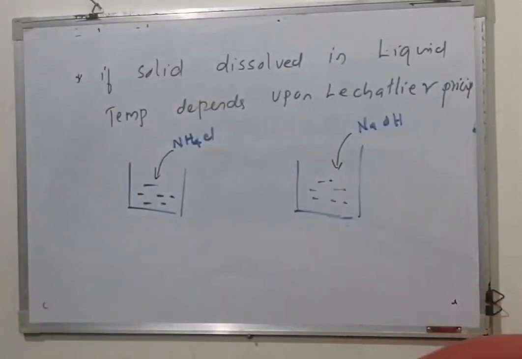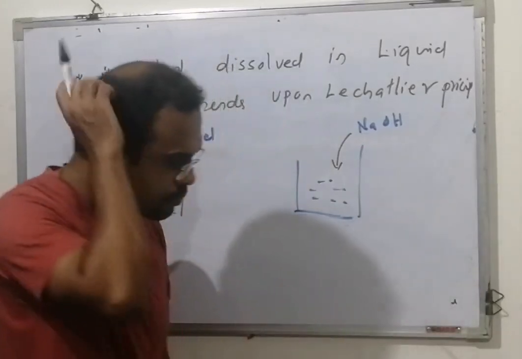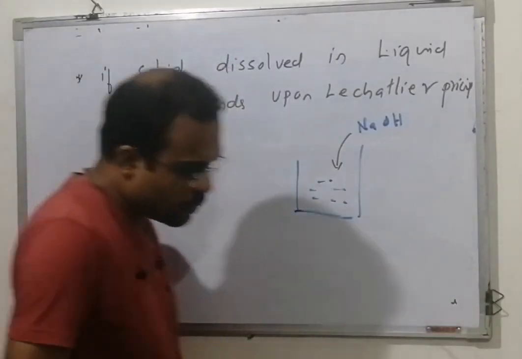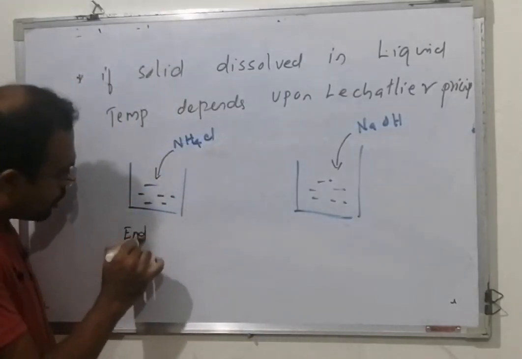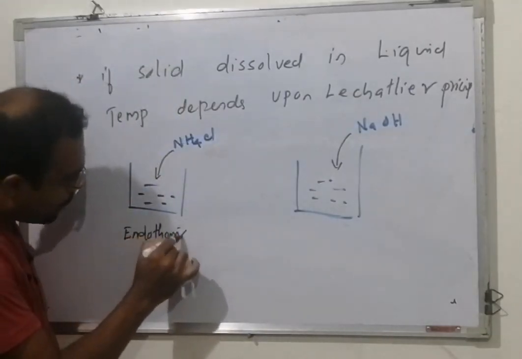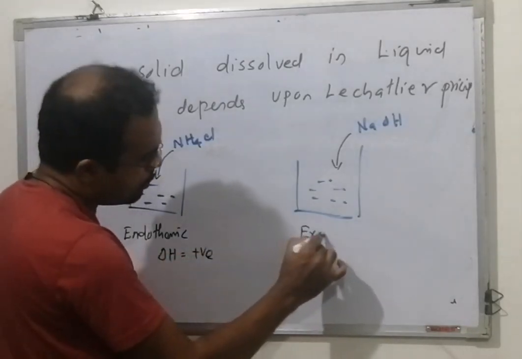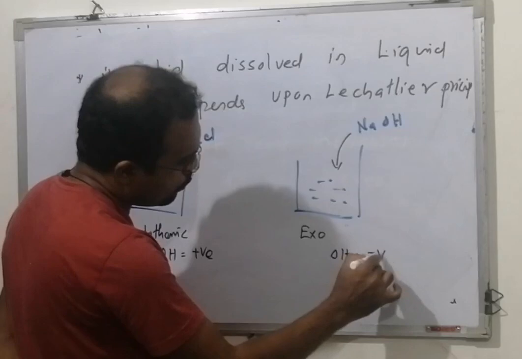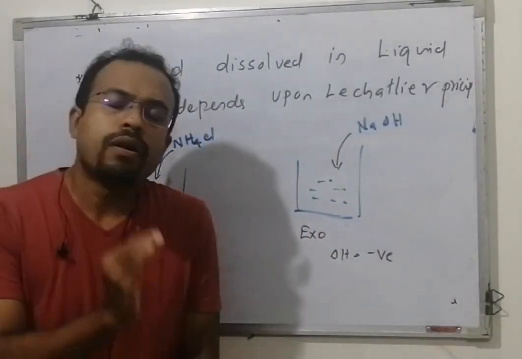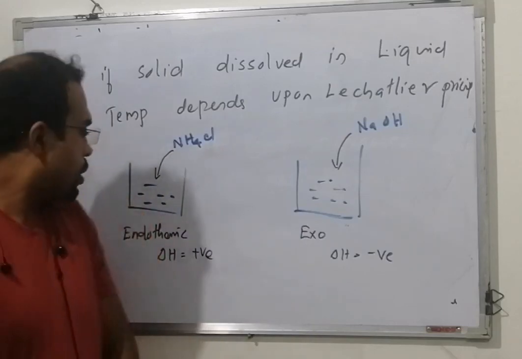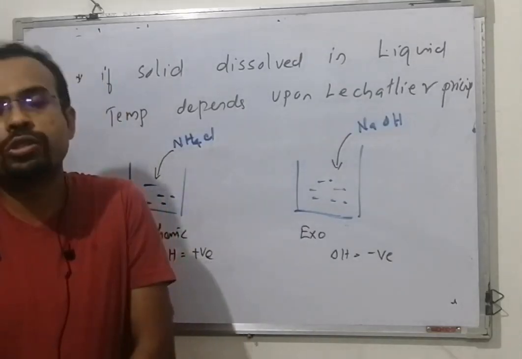Here it is endothermic, that is delta H positive. Here it is exothermic. That is, dissolution of ammonium chloride in water is endothermic. It absorbs the heat from outside.